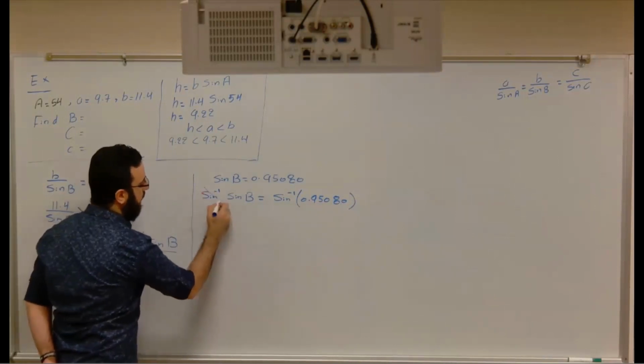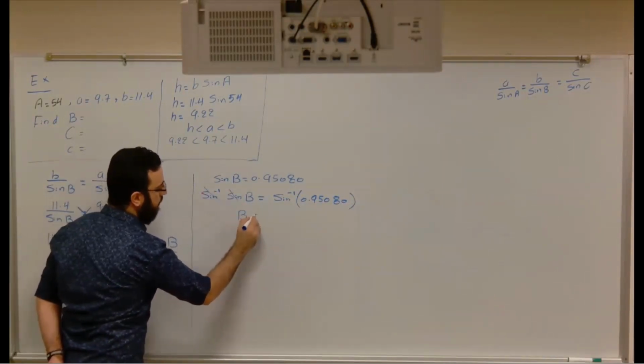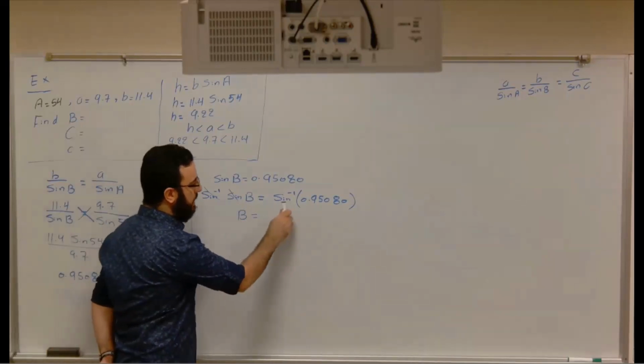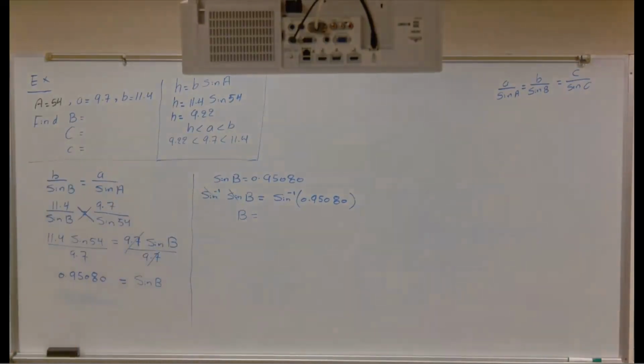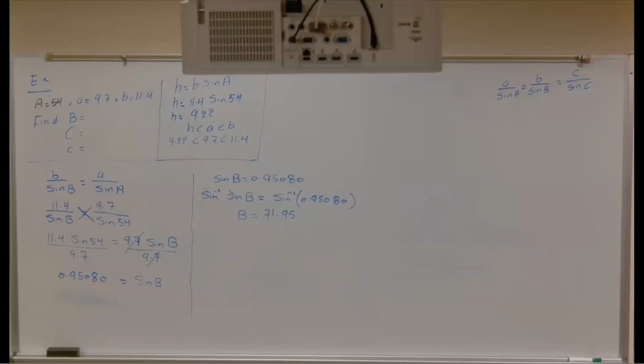Sine inverse sine leaves B. Now tell me, sine inverse of this one, how much is it going to be? You know how to find the sine inverse? So we found the angle B.